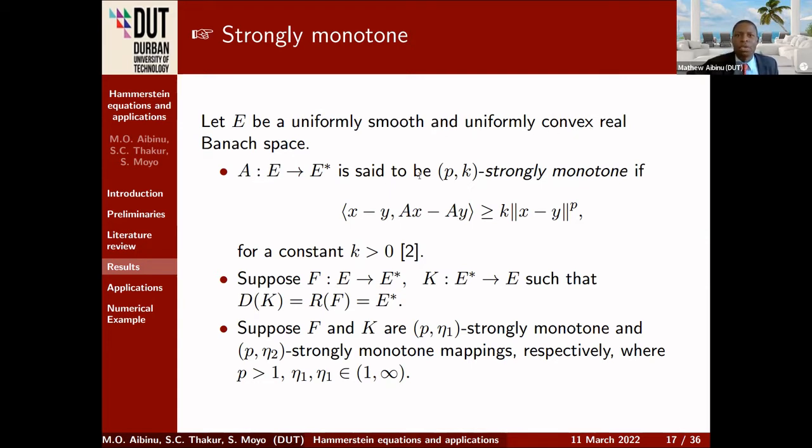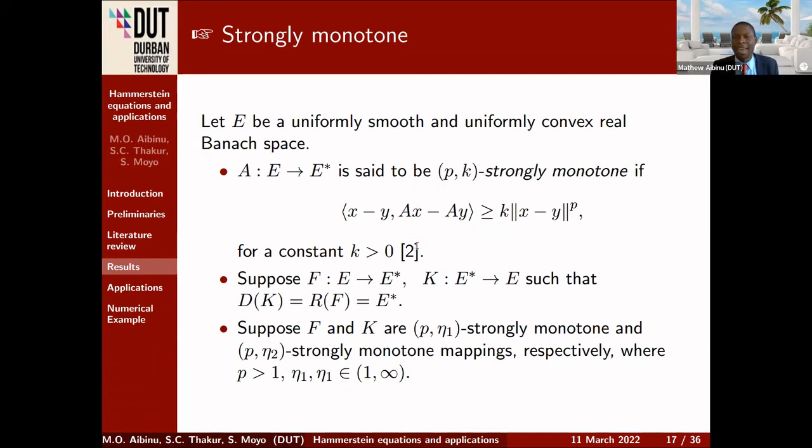A from E to E* is said to be (p, k) strongly monotone if the duality pairing of x minus y and Ax minus Ay is greater than or equal to k times the norm to the power p of x minus y. Observe that this is for k greater than or equal to 0. For k greater than 0, that is strongly monotone, (p, k) strongly monotone.